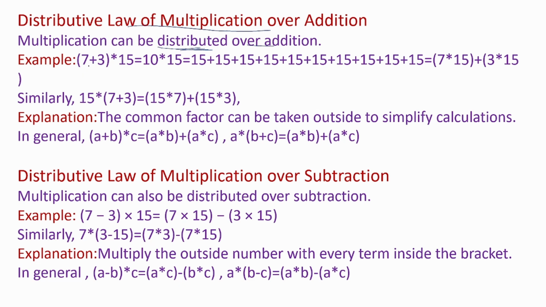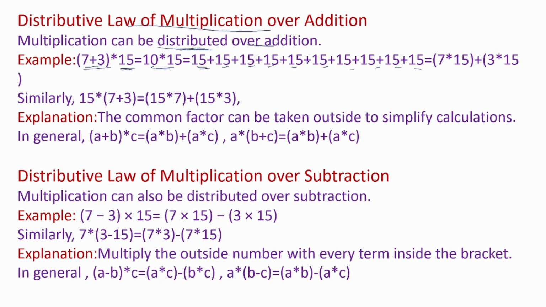(7 + 3) multiplied by 15. That means 10 multiplied by 15, which means 15 added up to 10 terms: 1, 2, 3, 4, 5, 6, 7, 8, 9, 10.